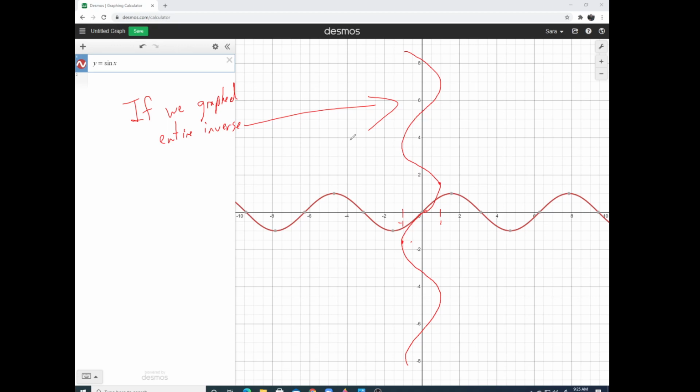It's not a function. Why? How can you tell? Well, if you do the vertical line test, it overlaps every time it goes back on itself. If we do the vertical line test on our situation, we're going to cross our function an infinite number of times, and by definition, it cannot be a function if we're crossing it more than once.